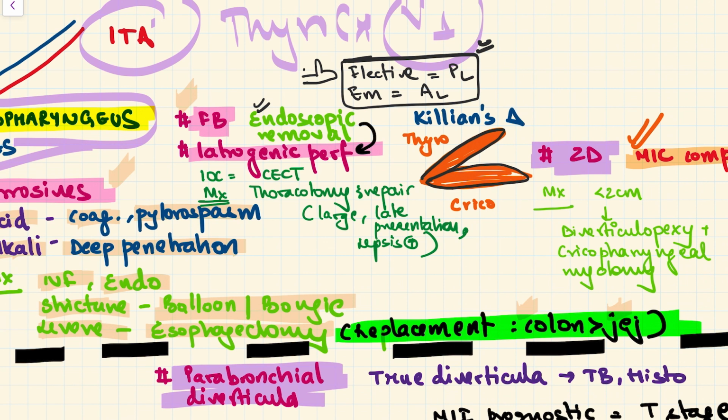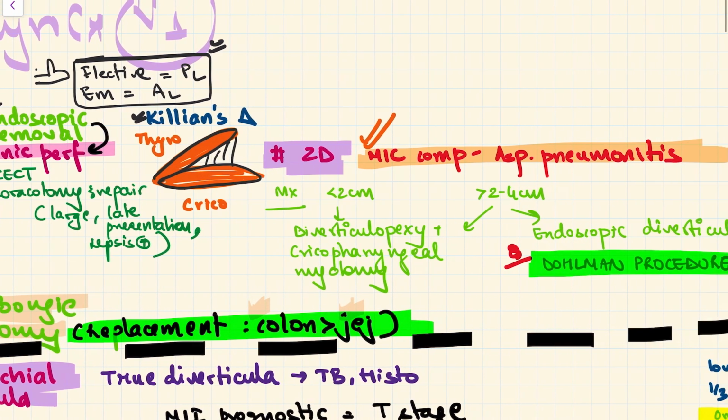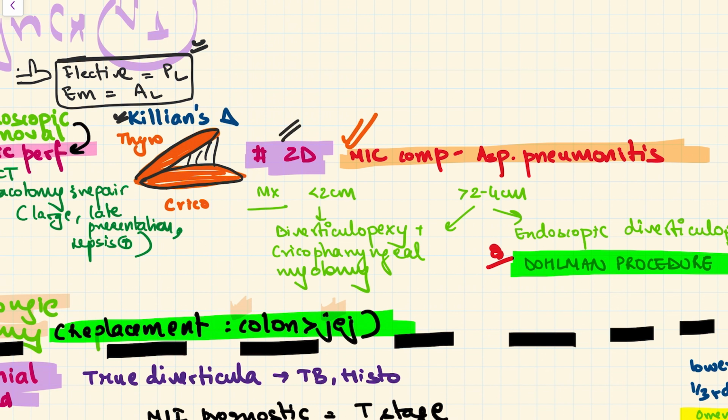Then between cricopharyngeus and thyropharyngeus, there is a potential space which is called as the Killian's triangle, right? And through this space, there can be bulging of the mucosa of esophagus, that is known as Zenker's diverticulum. It is a false diverticulum as all the layers are not involved, right? And the most common complication associated with it is aspiration pneumonitis, right?